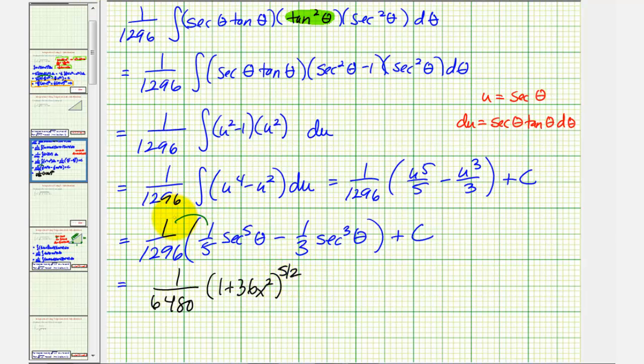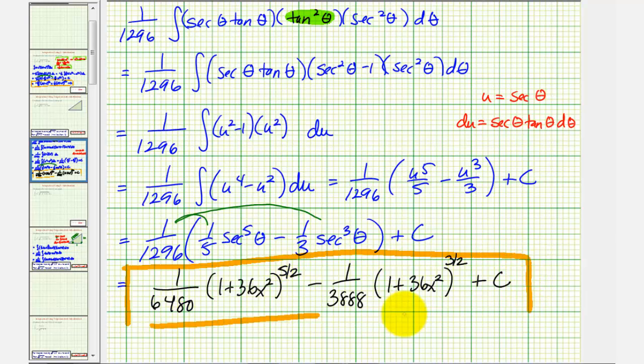When we distribute here, we'd have minus 1 divided by 3,888. And then remember secant theta was the square root of 1 plus 36x squared, or the quantity 1 plus 36x squared to the 1/2, but that's raised to the third. 1/2 times 3 is 3/2. So this would be the antiderivative. I hope you found this helpful.